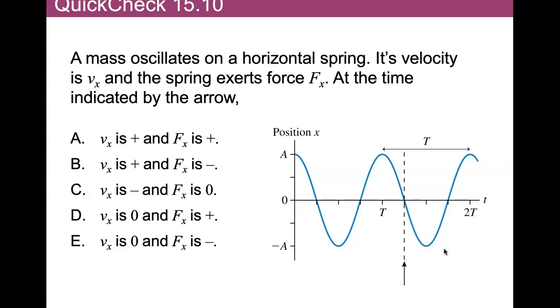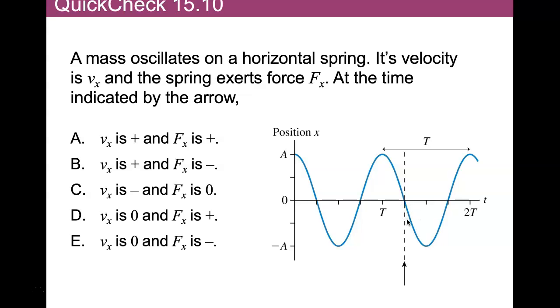Now we're at a different time. We're at the time when x is 0, so the particle is going through the equilibrium position. Now what can we say about the velocity? It's at x equals 0 at this point in time.